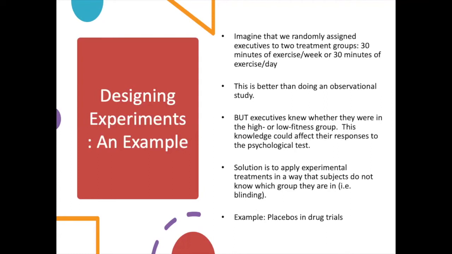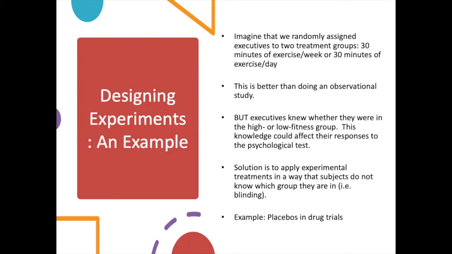And as a result, this knowledge of the treatment that they were experiencing could influence their response to the psychological tests designed to measure stress. The solution to this problem, then, is to apply our experimental treatments in a way that the subjects are unaware of the treatment group in which they are involved. And this is referred to as blinding.